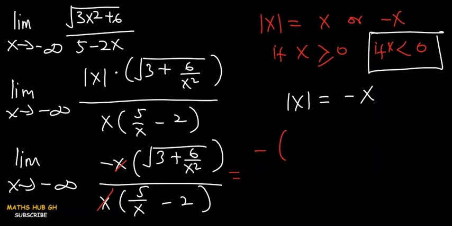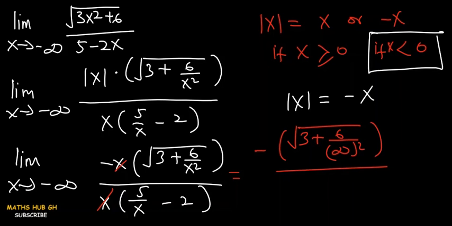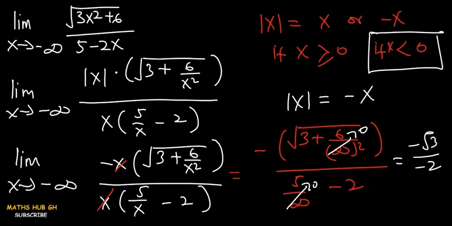So you have minus the square root of 3 plus 6 over infinity squared, divided by 5 over infinity minus 2. This value will approach 0, this will also approach 0. So at the end we are just going to have minus root 3 divided by minus 2. The negatives will cancel out, so at the end you're just going to have square root of 3 on 2. So this will be our answer.